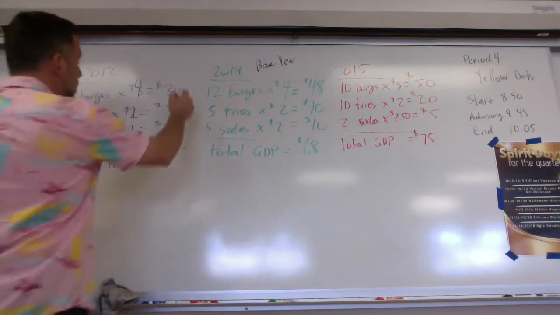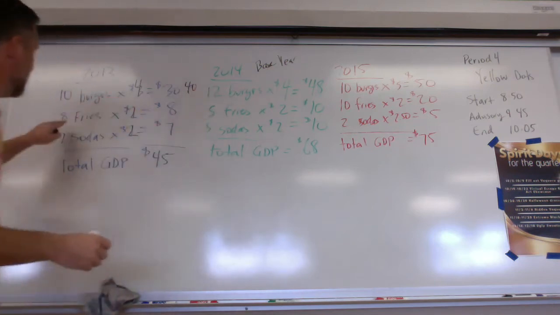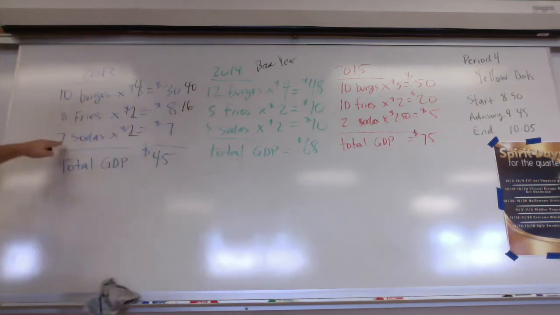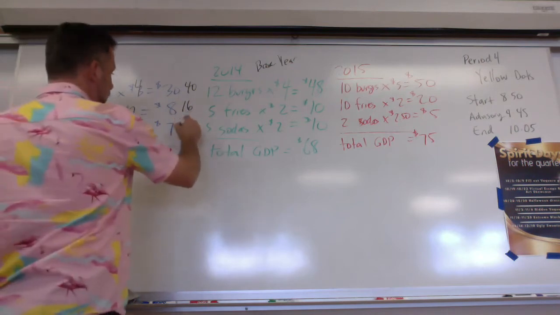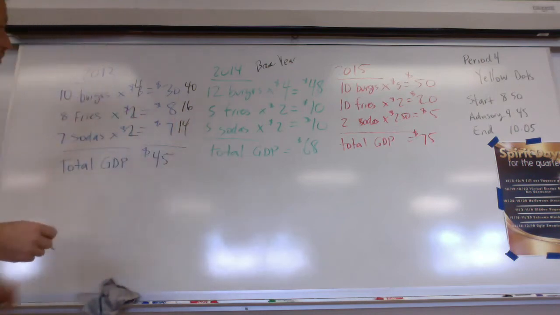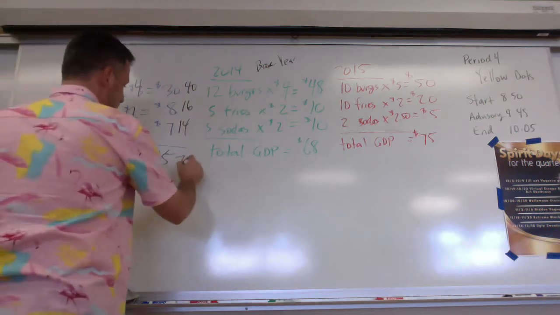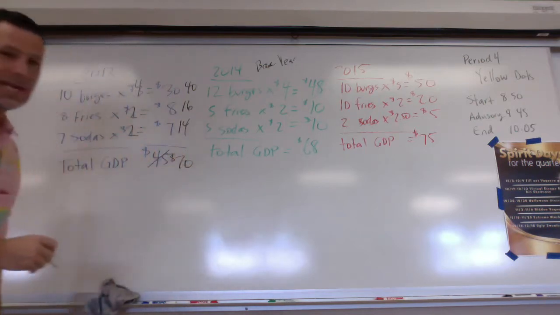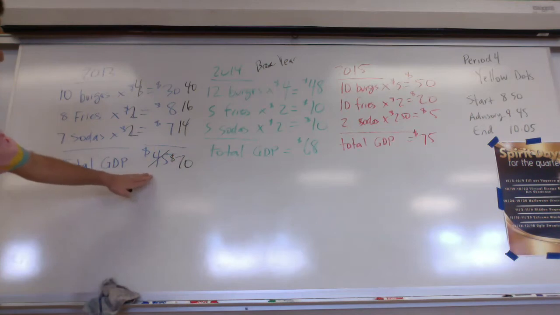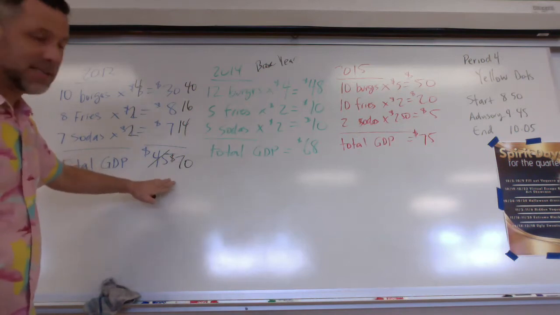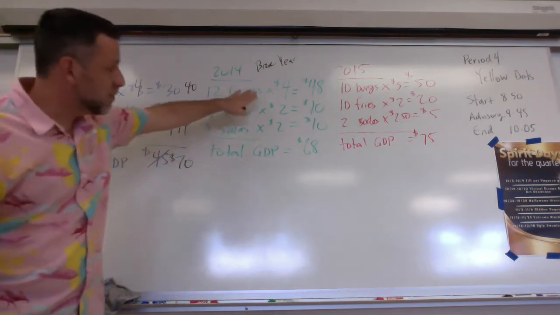10 times 4 is 40. 8 times 2 is 16. 7 times 2, 14. And I end up with 70 as my answer. So my real GDP, this is my 2013 production in 2014 prices, because I used my prices from 2014.